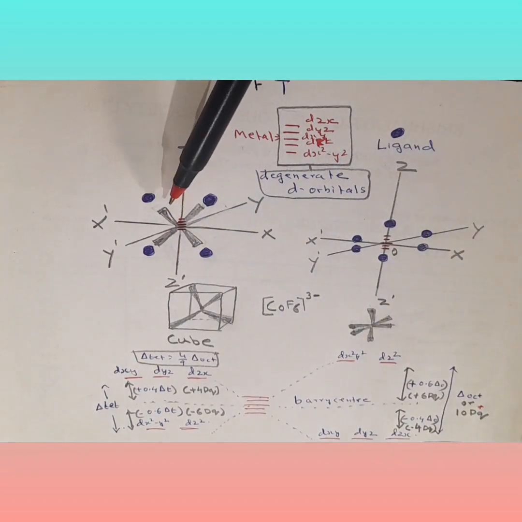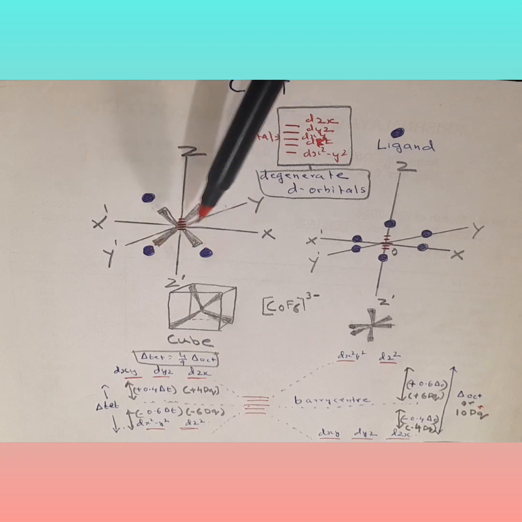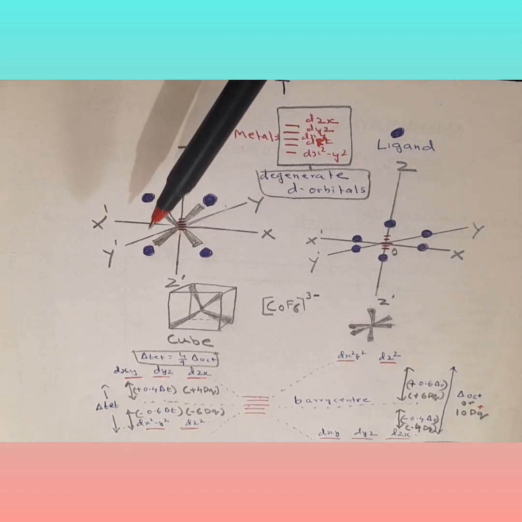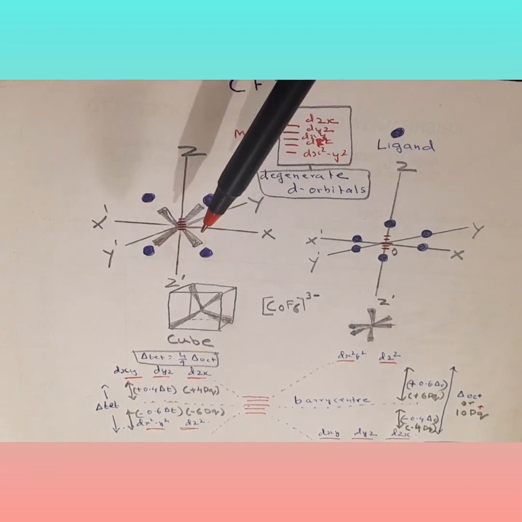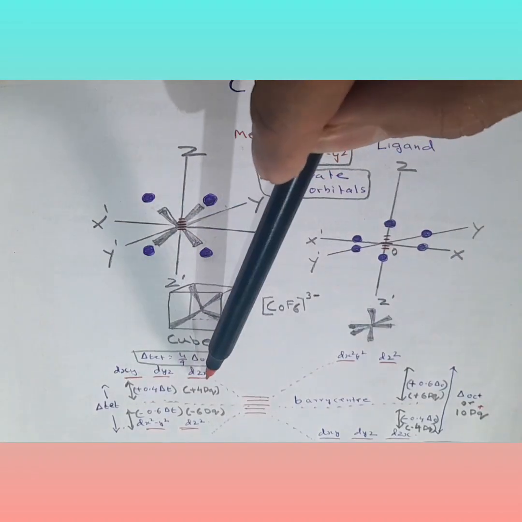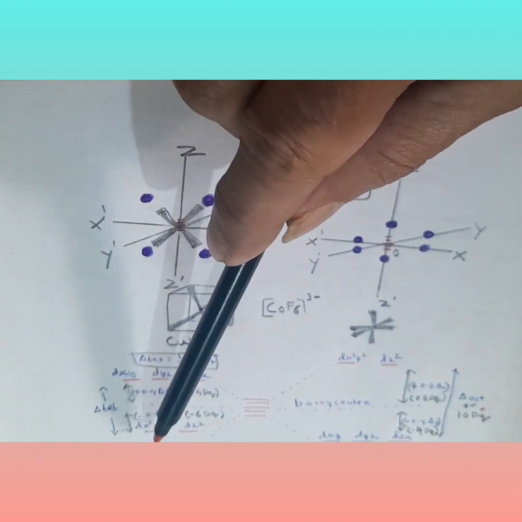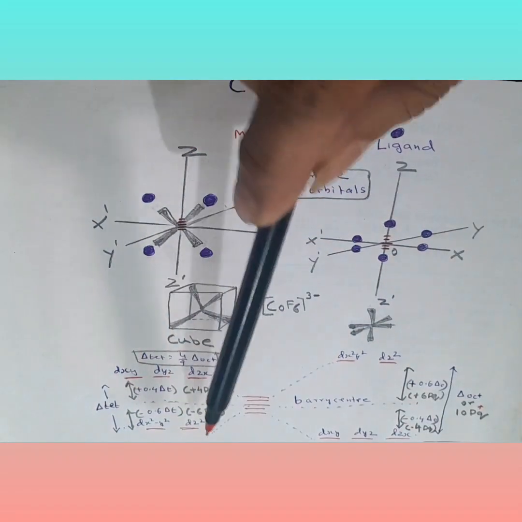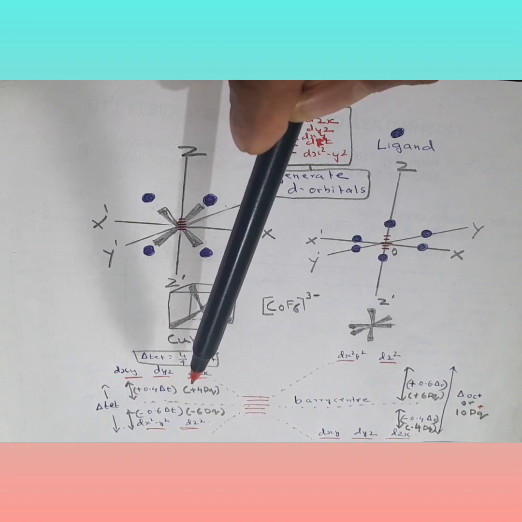Let's understand the tetrahedral complex. In the tetrahedral complex, the ligands were approaching in between the axes. So obviously we would expect dxy, dyz and dzx to move above the barycenter and the other two to move down the barycenter energy-wise. This is what happens. Now, I need to tell you one thing.